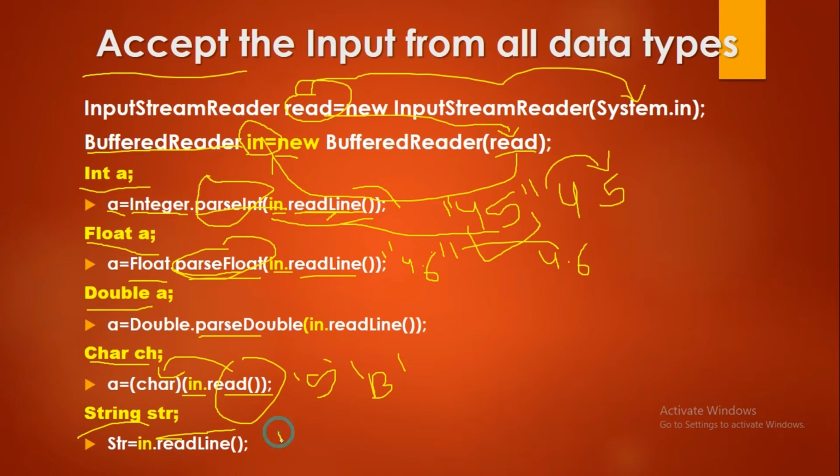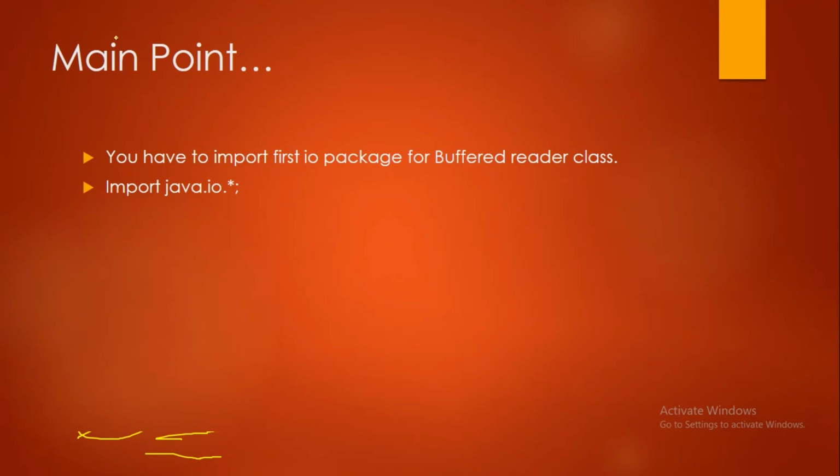But if the user is entering a string, say lkh in double quotes, here we do not need any type of parse, because we are already using a string, and the data entered through the keyboard is also in the form of a string only.